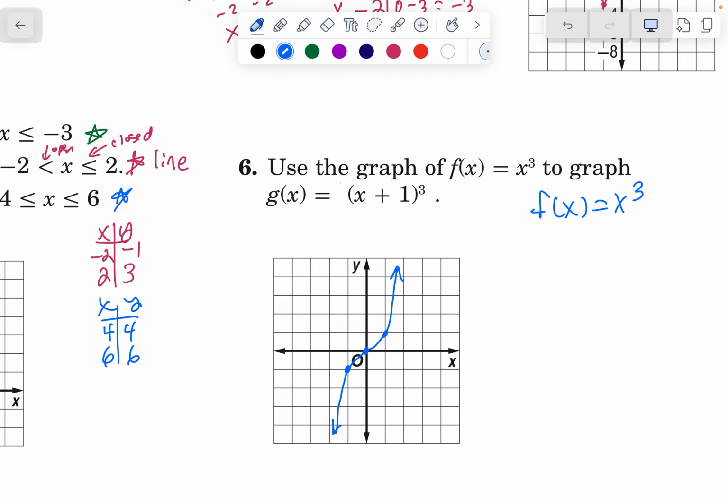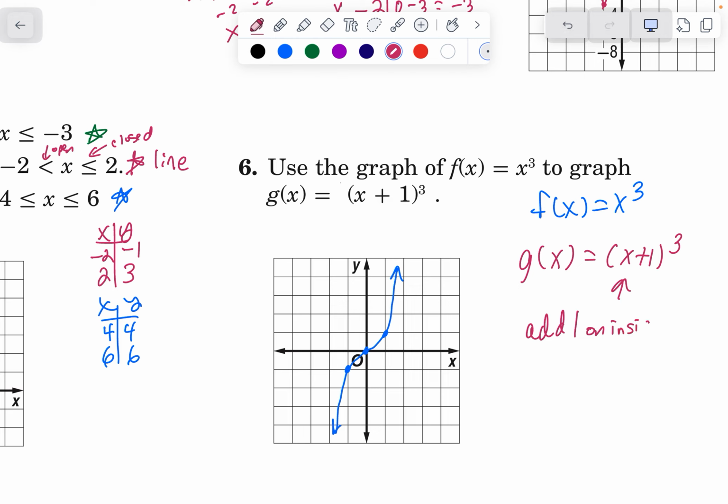Okay. So what did we say earlier happens if we add 1 on the inside? Is it going to move left, right, up, or down?